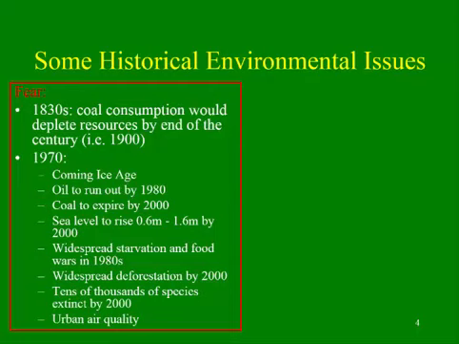By the time we get to the year 1970, or around that period, we find that there was a new spate of environmental issues and a coming of age of environmentalism as a major social and political issue.